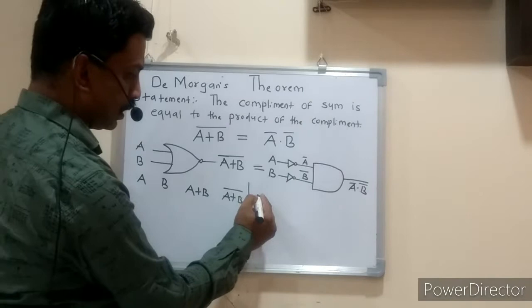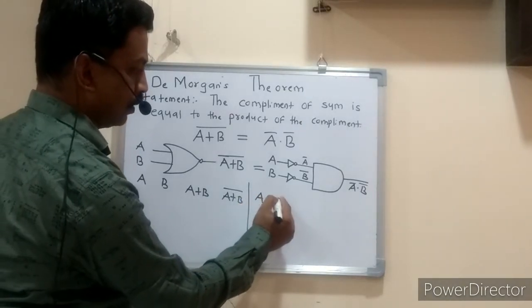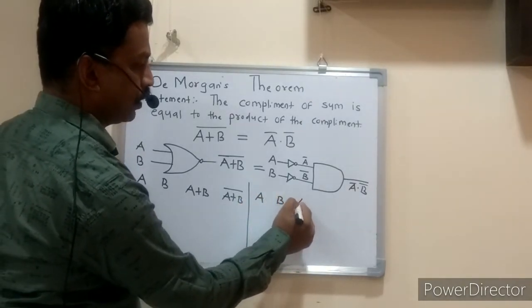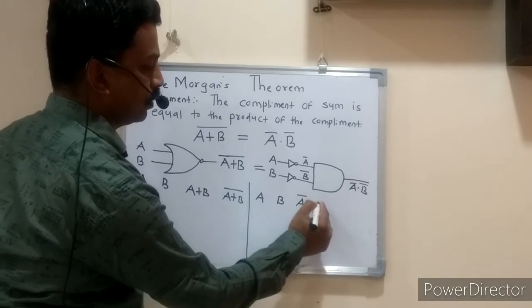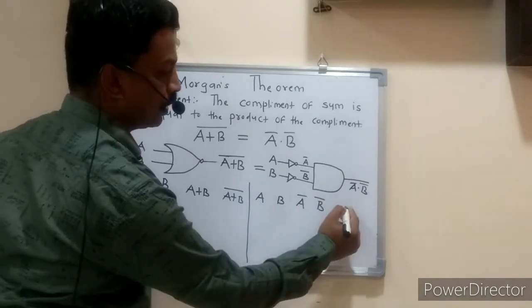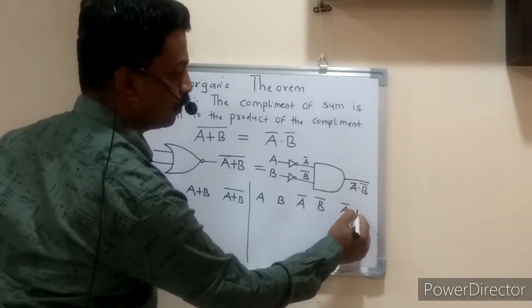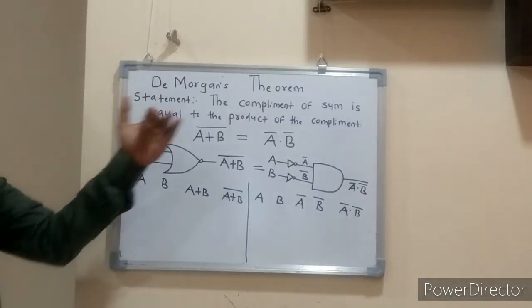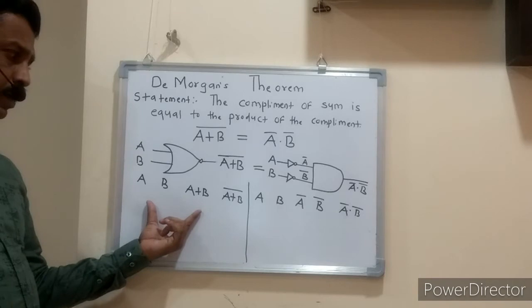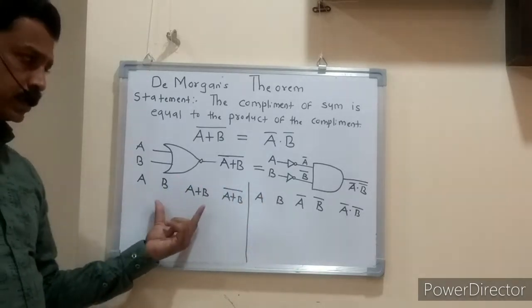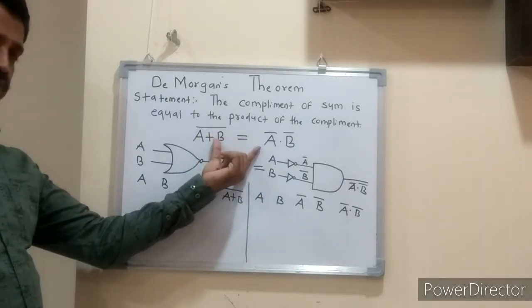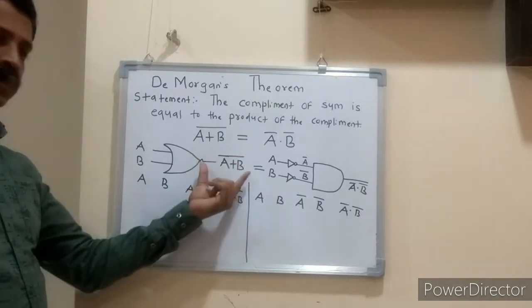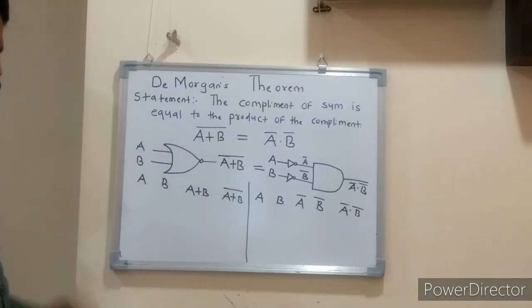Similarly here a, b, a complement, b complement, and their product a complement dot b complement. Now we check whether the left side and right side are both the same, then we say that our theorem is correct, and the symbols are also correct.